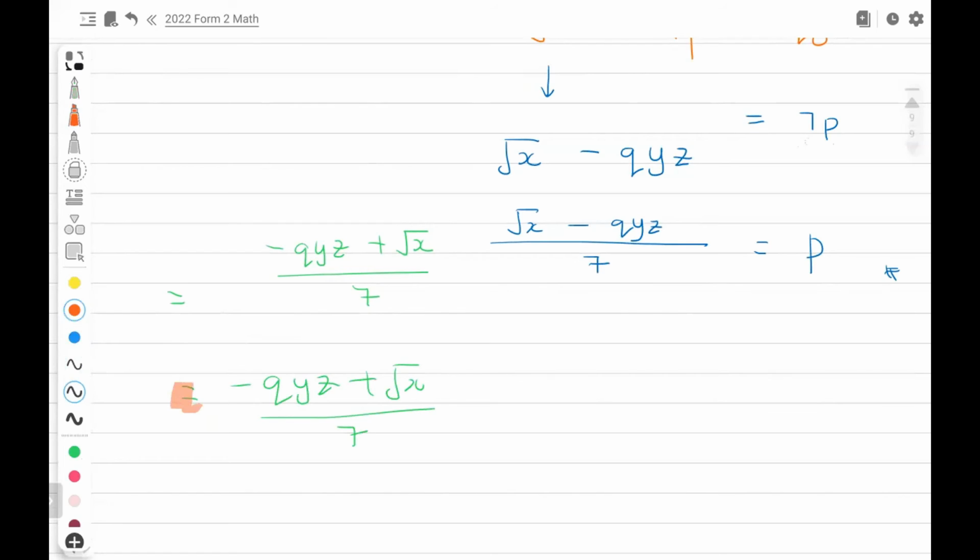Sometimes you forget, and then without the negative it will be missed out. That's why we make it a habit to always write the positive in front. We move it to the front so there is no issue at all. That's the reason, to avoid careless mistakes. But if you want to leave the answer like this, no problem at all.